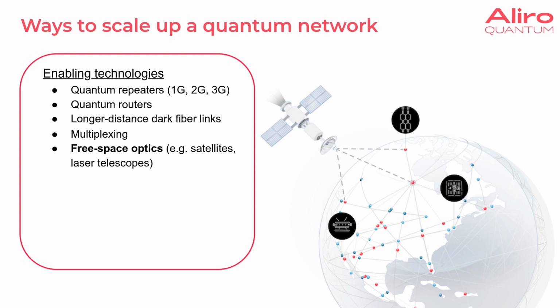A free space optical channel will be more beneficial for cases where the loss and the noise are a lot easier to handle with a free space channel than having a series of repeaters on the terrestrial link in fiber. So for supporting those really long distances, we're going to need some free space optics.